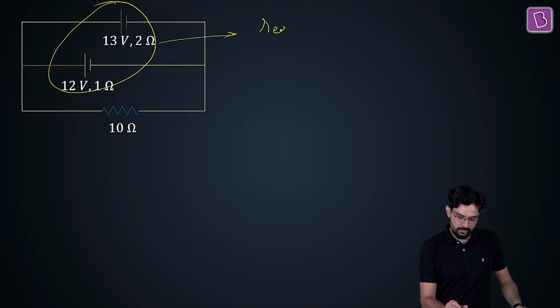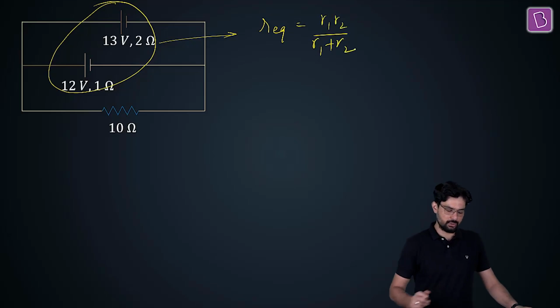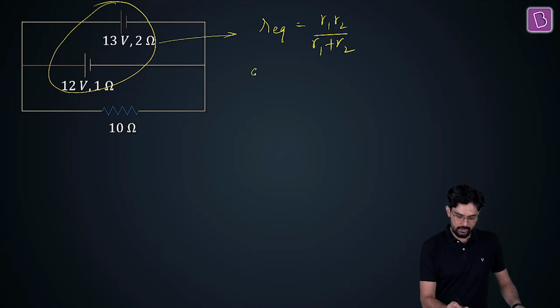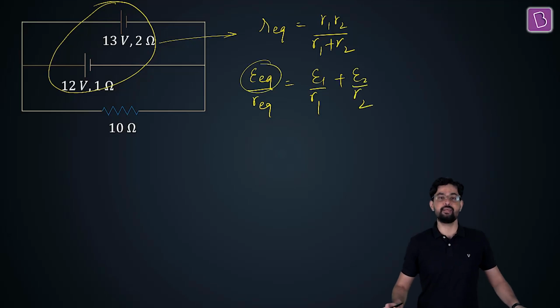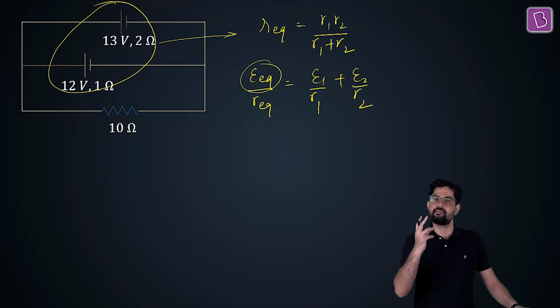The equivalent resistance of the equivalent battery is going to be R1 R2 divided by R1 plus R2, where the value of R1 is 2 ohm and R2 is 1 ohm. And then you can use E equivalent by R equivalent. You know the formula, E1 by R1 plus E2 by R2, to find out the equivalent EMF of the equivalent battery.